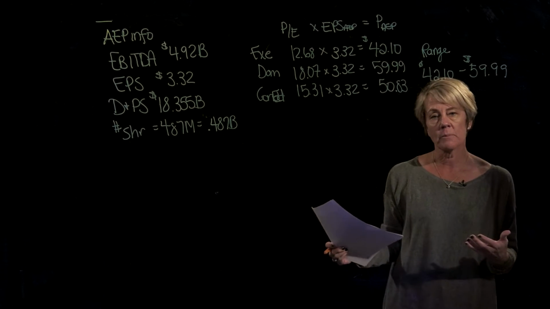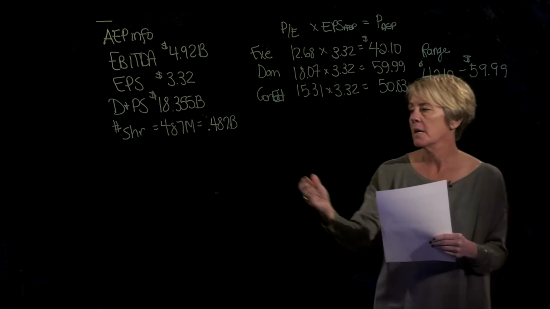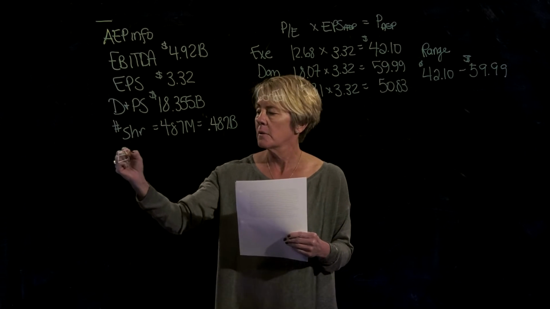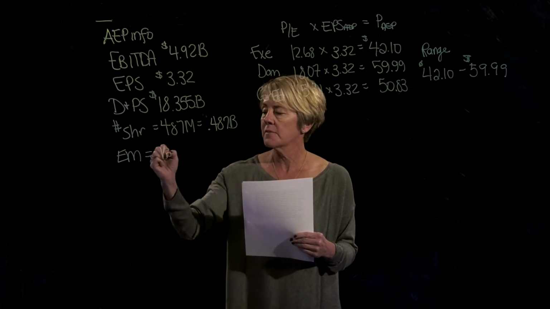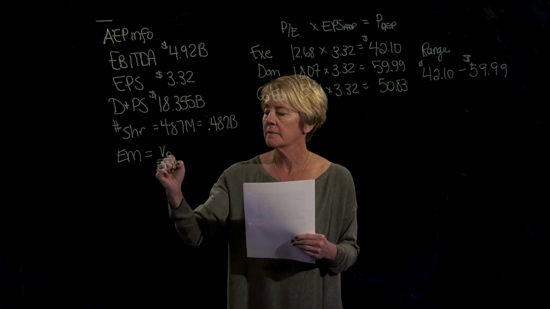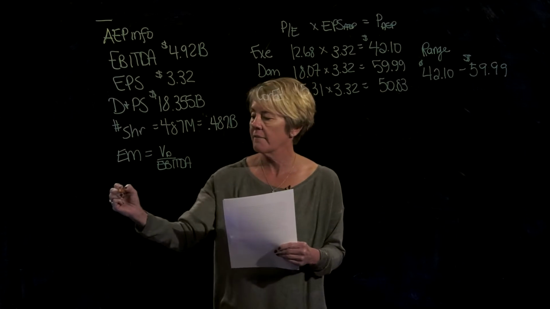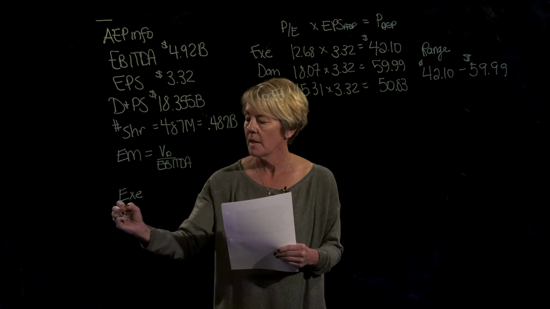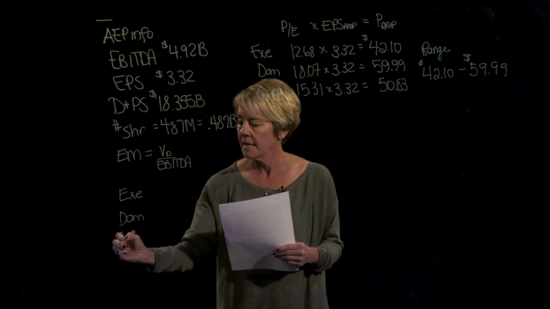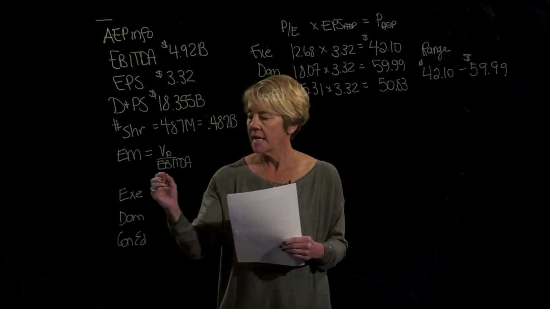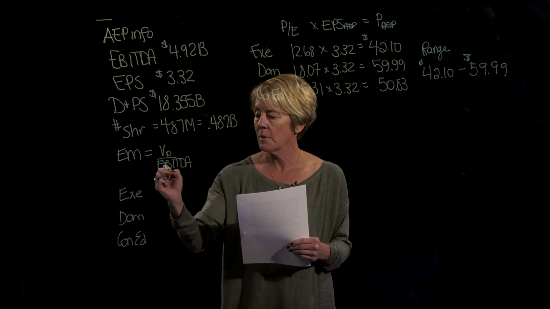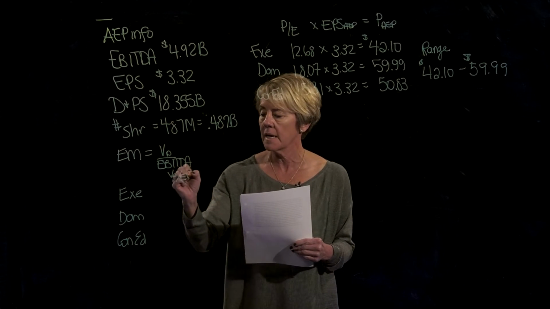The other method of comparables is to use the enterprise multiple. The enterprise multiple is equal to the enterprise value divided by EBITDA. Okay? So I have Exelon, Dominion, again, and Con Ed. And I have their enterprise multiple, V0 over EBITDA.